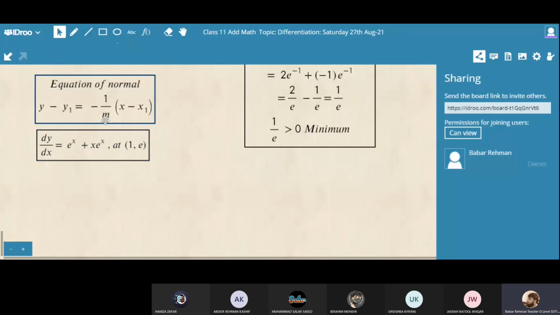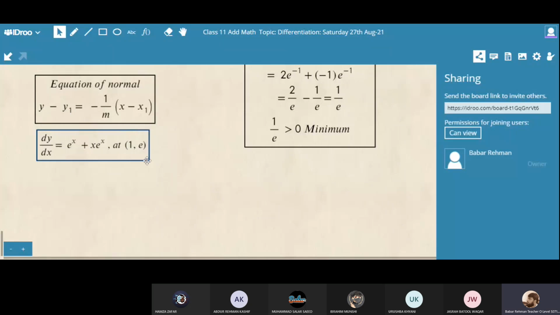That derivative should be input here, and y means e, so instead of y you have to write e.